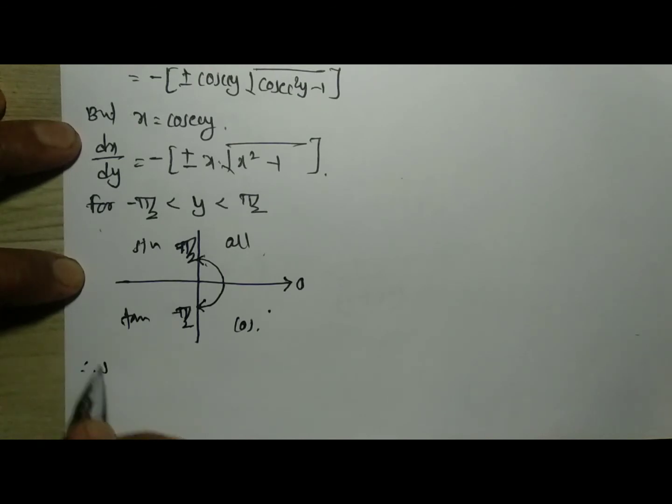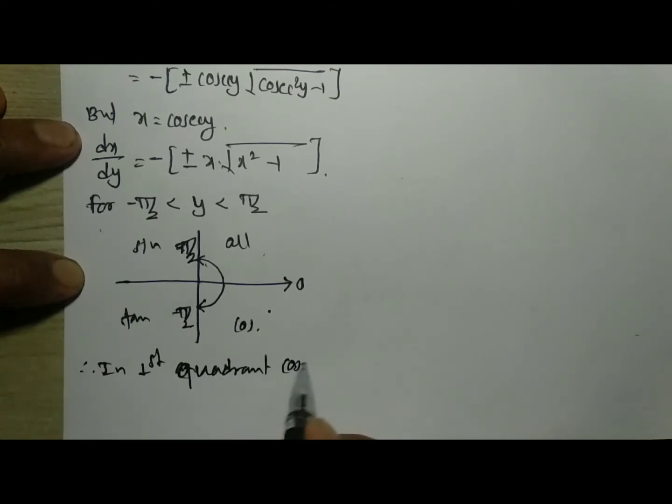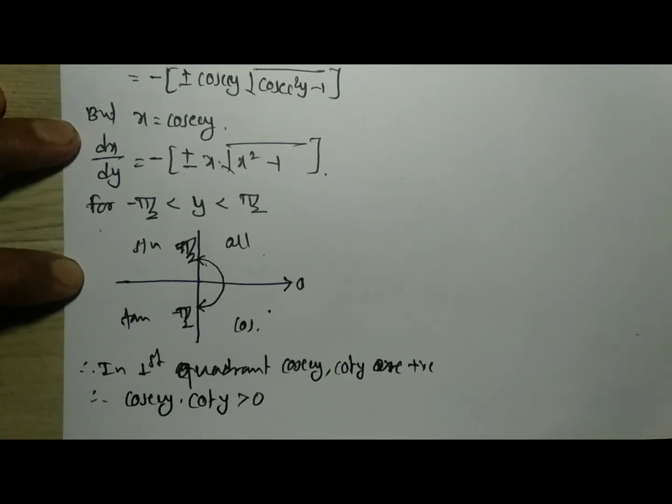Therefore in the first quadrant, cosec y and cot y are positive, and therefore cosec y into cot y is greater than 0.